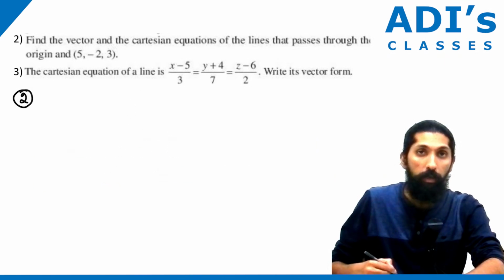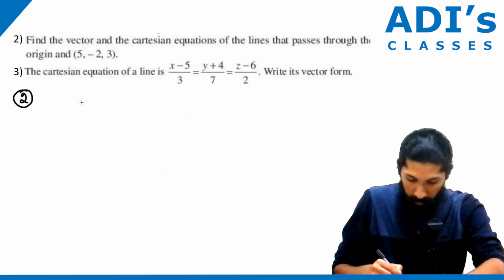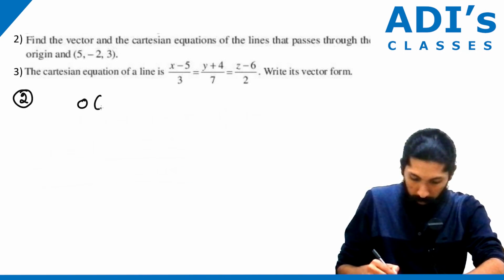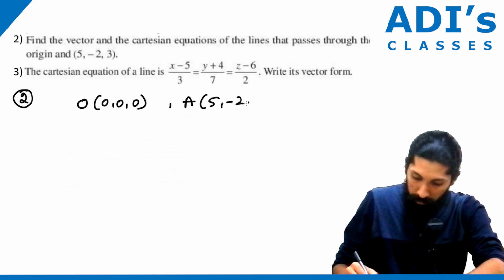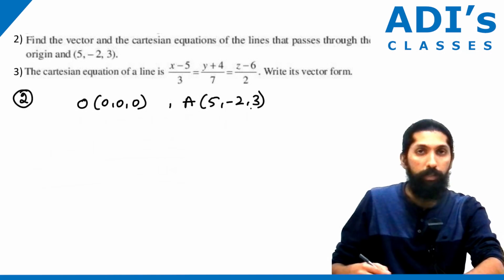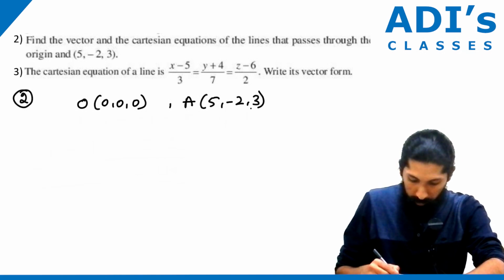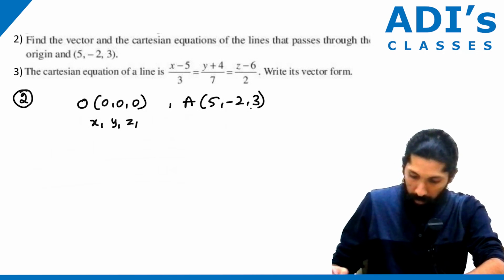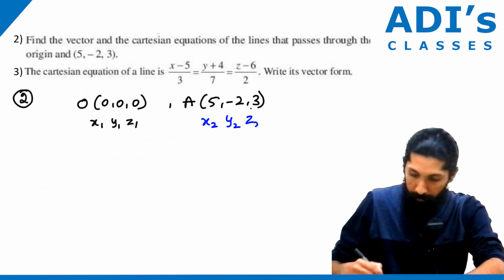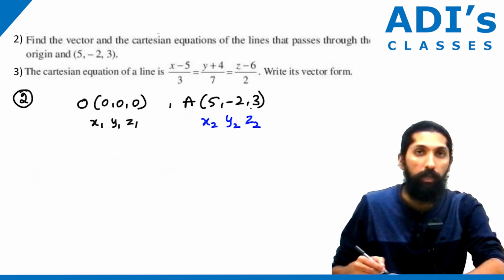For the Cartesian form, again the two points, we'll take O (0, 0, 0) and some point A (5, minus 2, 3). Now when you take these two, you can call this x1, y1, z1, and this you can call x2, y2, z2. Correct? This is what we have.